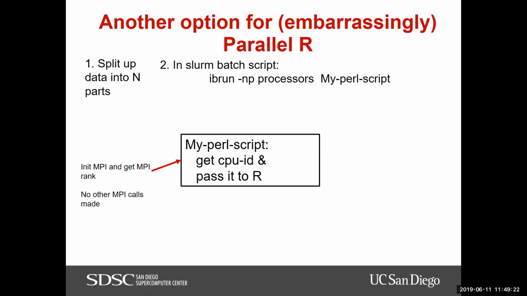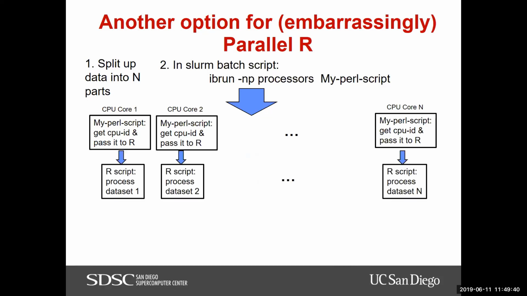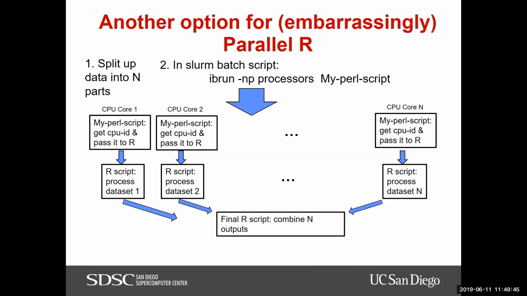So it's just a little bit of MPI, and it looks something like this. You have it executed on each core on different nodes. You have a Perl script, and the Perl script can figure out where it is, which node and which core, and then it'll tell R. And so now R can process different data sets, and all you have to do is combine the results at the end.